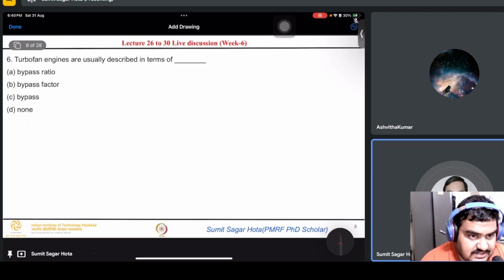The turbofan engine are usually described in terms of obviously a bypass ratio. Okay, don't confuse the bypass ratio and bypass factor.